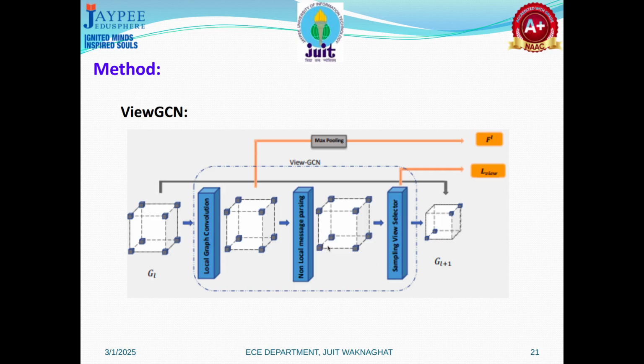So even if our initial assumption of viewing angle is wrong, this will update the features properly so that we will have better accuracy. And finally we do this sampling view selector, which coarsens the graph so that this representation will be more condensed and then finally used for classification. This is similar to the downsampling that we do in models like ResNet and UNet.